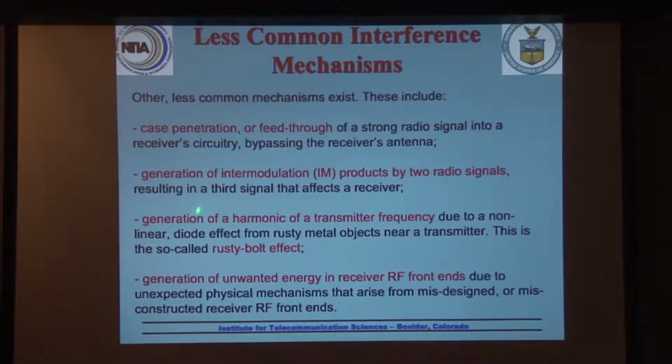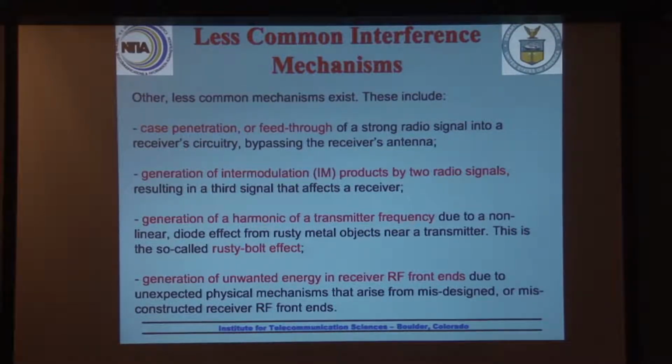Another problem is when a transmitter's energy encounters typically a rusty metal object, typically somewhere near the transmitter, and that rusty metal object re-radiates energy. It behaves in a nonlinear way like a diode, re-radiates energy, and it will radiate that energy normally, if not always, on a harmonic of the frequency that the transmitter is producing, and this is called the rusty bolt effect.